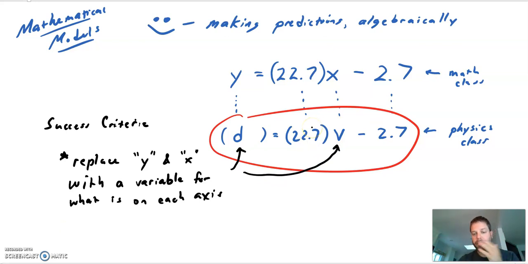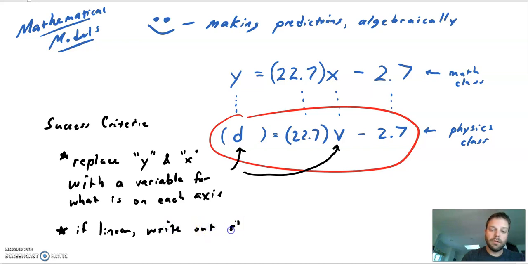The other thing that I'm going to want you to do is to focus in on these numbers a little bit. In particular, what I want you to do is to write this slope out as a rate, meaning as a fraction. I'm going to come back to that a lot more in the next class, but if linear, write out slope as a rate with units.